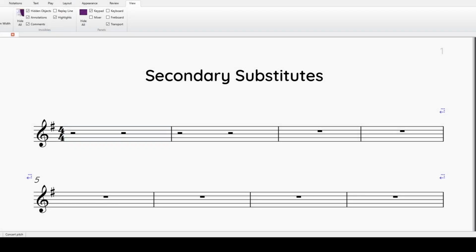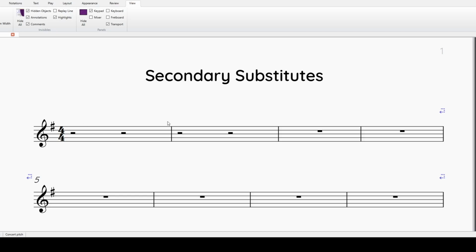Alright, so the first thing we need to understand is the actual term secondary substitute. What does it mean? Well, essentially we're talking in this case about the secondary chords of a given key and the fact that we can use them as a substitute for a primary triad.